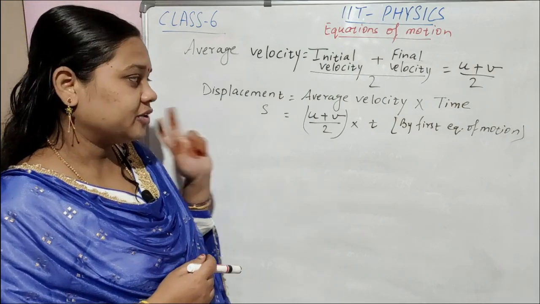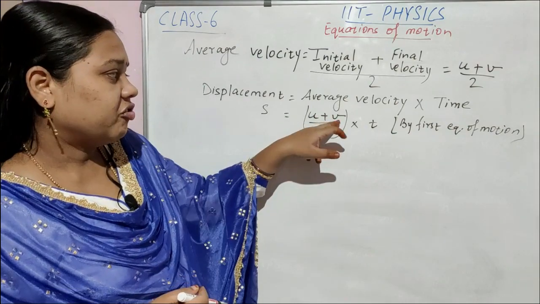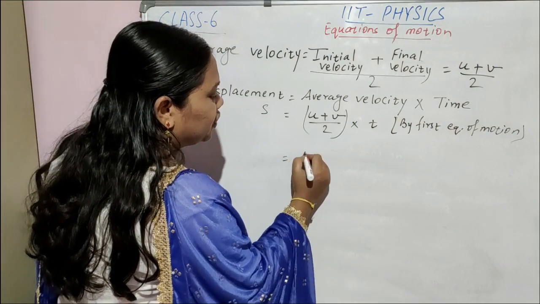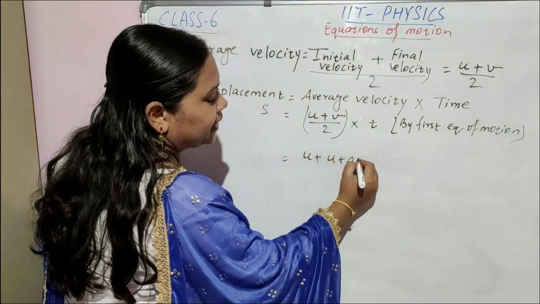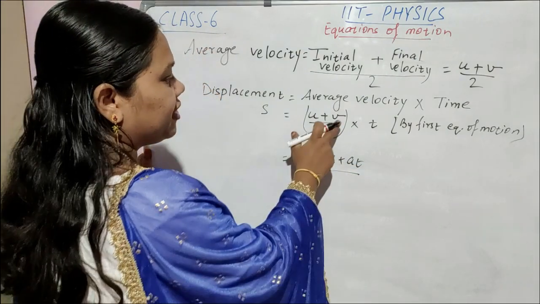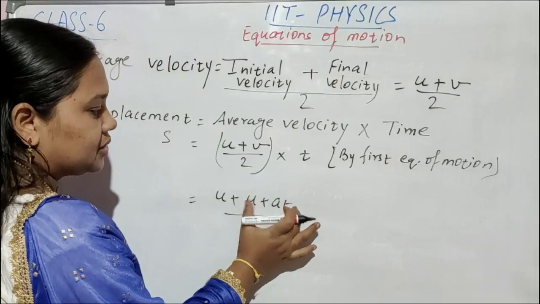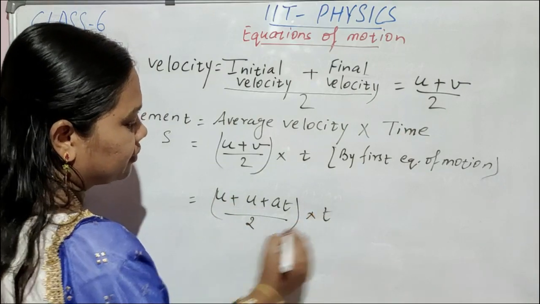According to the first equation of motion, the velocity-time relation, v is equal to u plus at. So in place of v we write u plus at. So in place of v, u plus at whole by 2 into t.